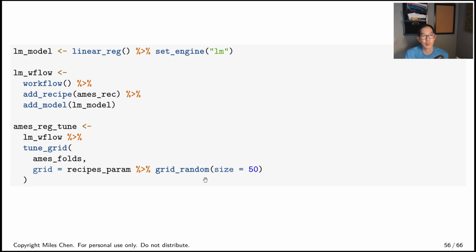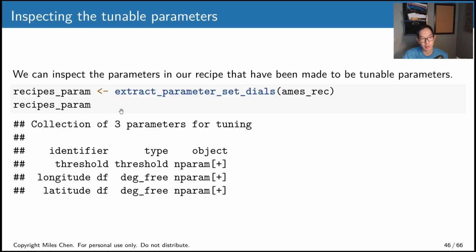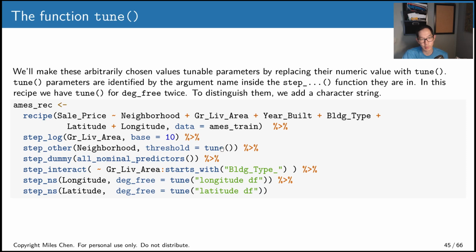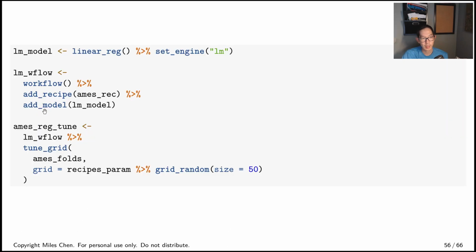So we'll try it. We have our workflow, which has the Ames recipe, which again has the tunable parameters. Remember, we specified these to be tunable parameters here in our Ames recipe. And then we add the model, and then now we are going to take that workflow and call tune grid on this.